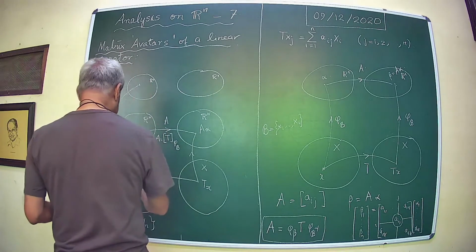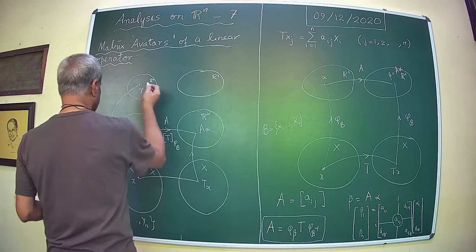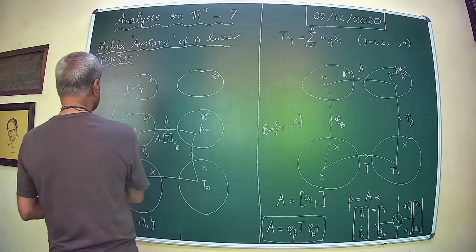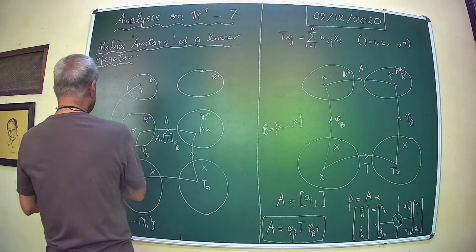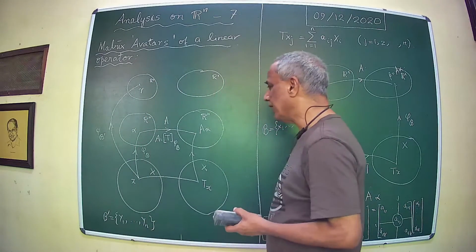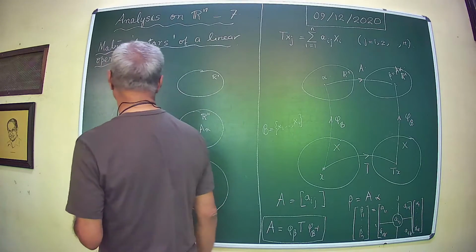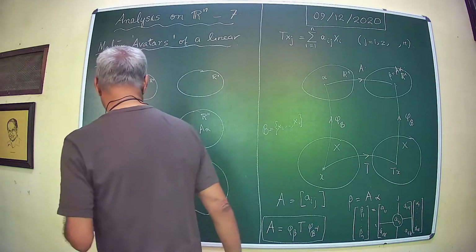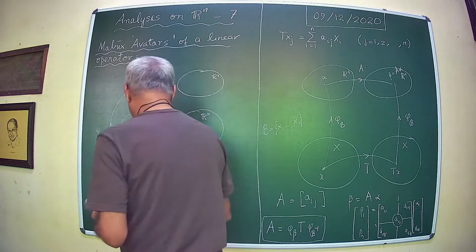Let us denote the representation of X under this choice of ordered basis, or the image of X under the isomorphism phi b prime, to be gamma. So what is gamma?